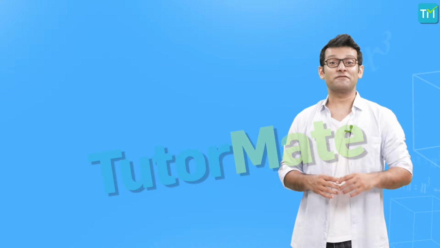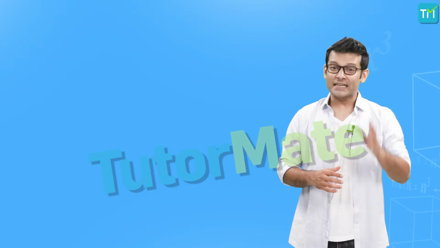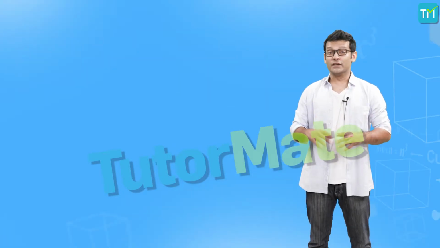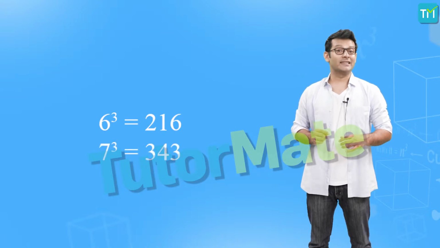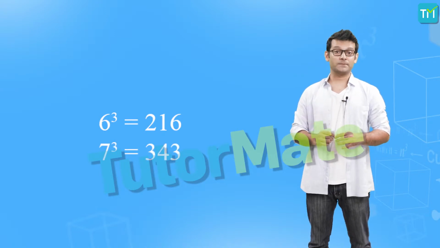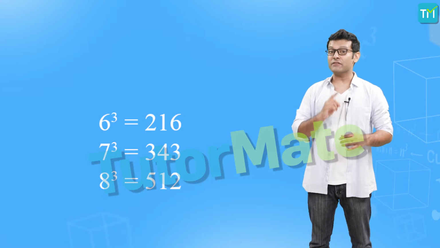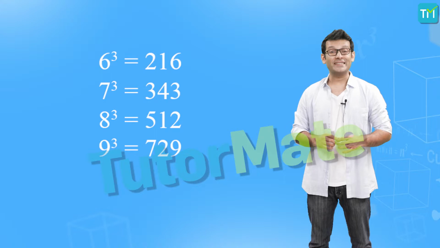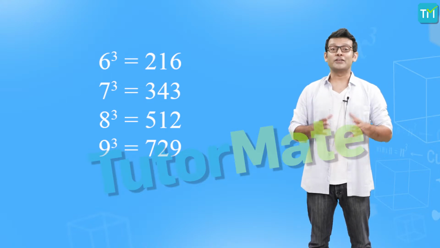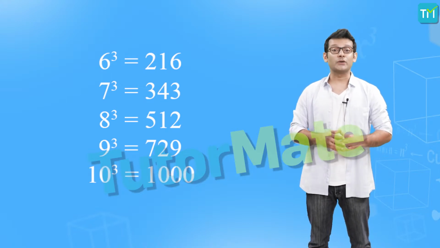So, did you have fun doing that little assignment? Let's check your answers. We have the cube of 6 is 216, the cube of 7 is 343, the cube of 8 is 512, the cube of 9 is 729, and finally, the cube of 10 is 1000.